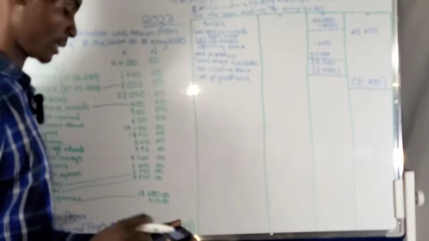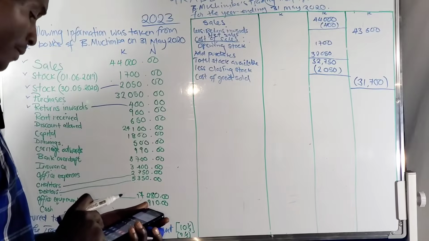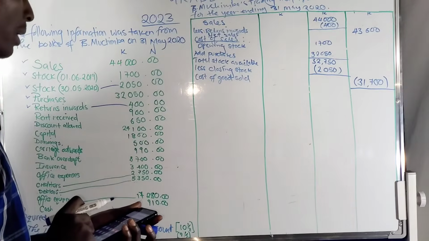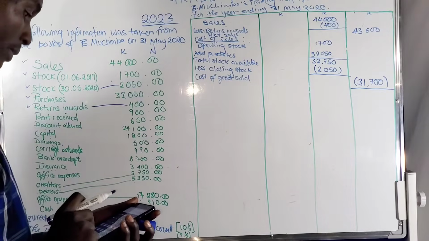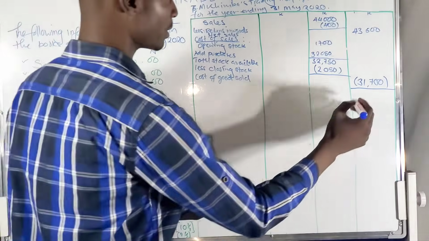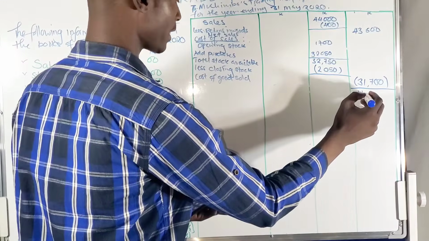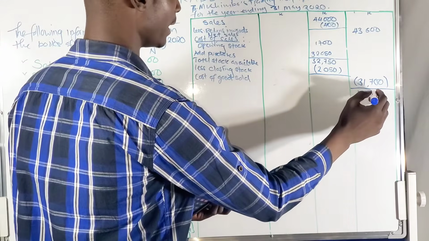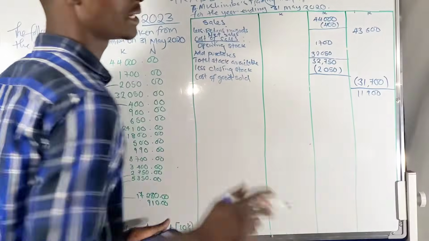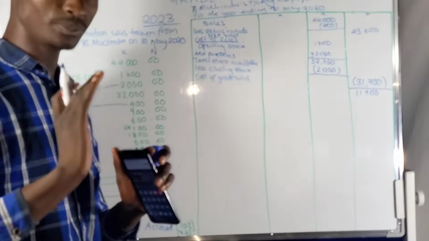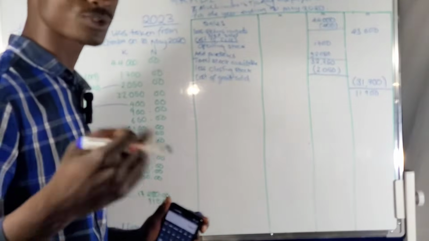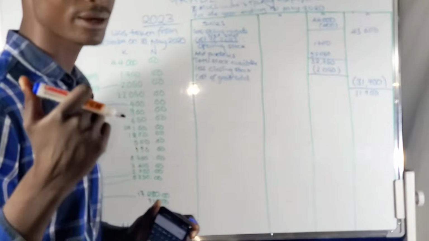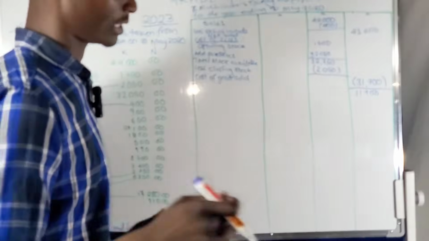So when you subtract from 43,600, we're going to have a positive number, 11,900.